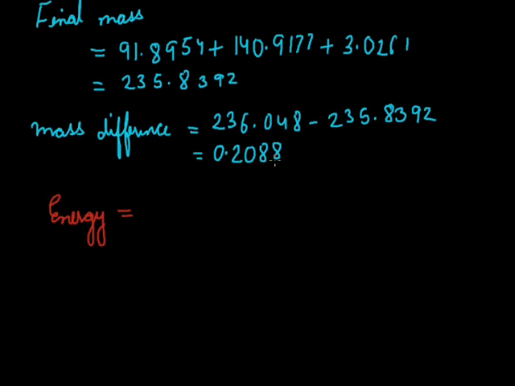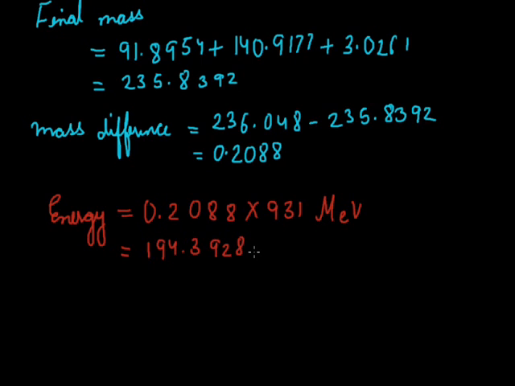So 0.2088 AMU will produce energy that is 0.2088 multiplied by 931 MeV. That gives us 194.3928. So that much energy is produced in this reaction. This numerical gives us an idea of how to evaluate the energy released in a reaction.